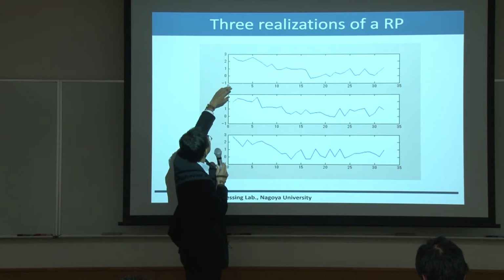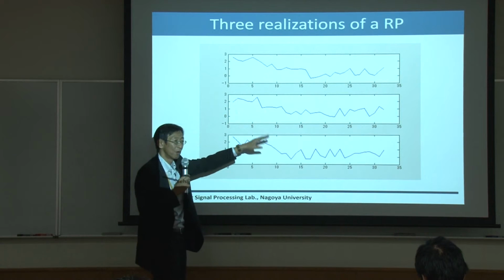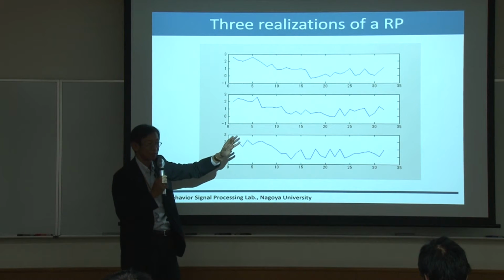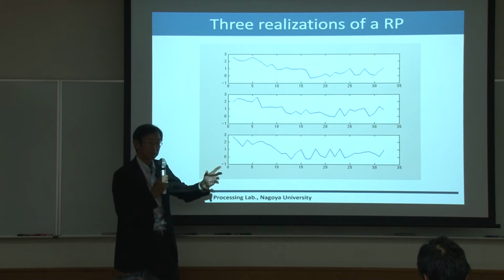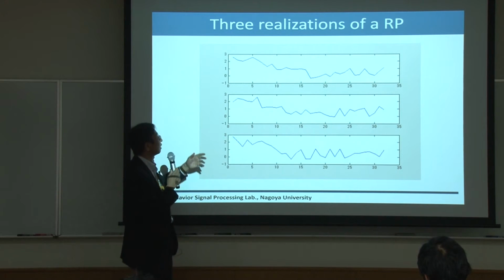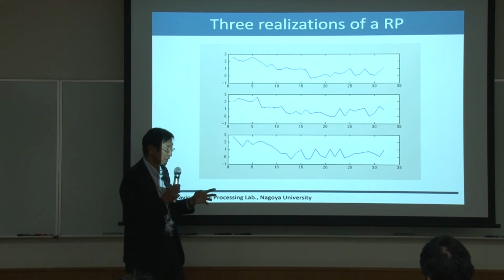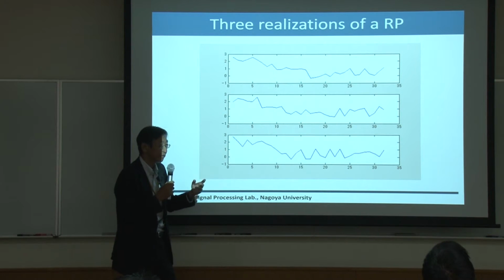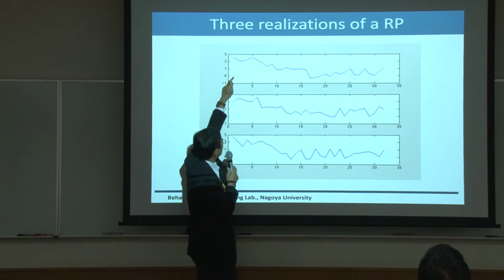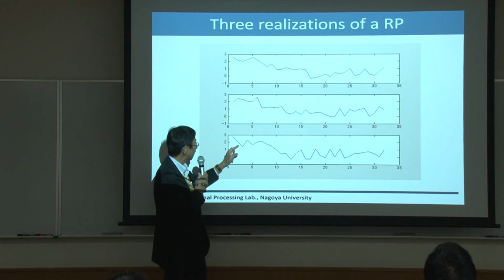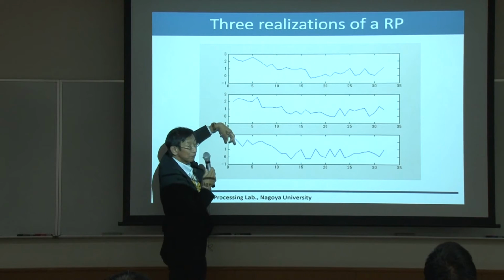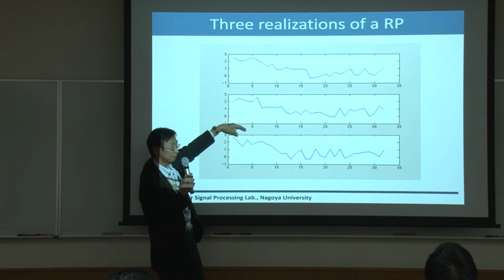This is a typical example of how you think about a stochastic process. Here are 3 realizations of one stochastic process. Even though the stochastic process is the same, of course, because it is a stochastic process, you have different realizations of it, like this and this and this. Each individual value is different.